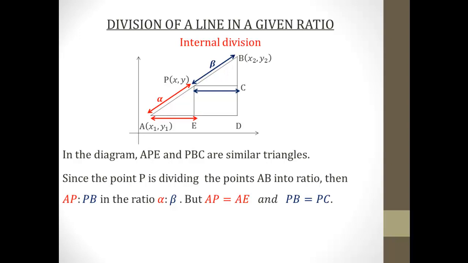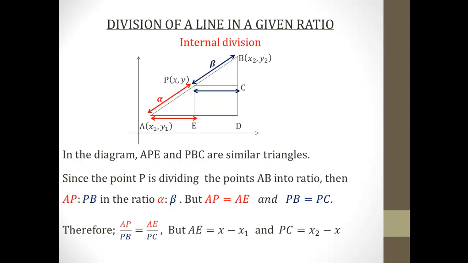One thing you must also understand from the diagram is that where the red lines are, they have the same length. So the distance from A to P is the same as from A to E, and the distance from P to B is the same as the distance from P to C. Therefore we can also write it in this form: AP over PB.